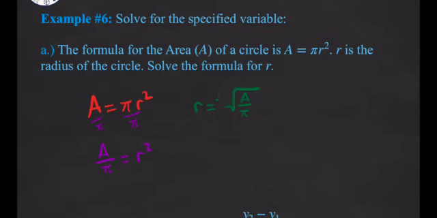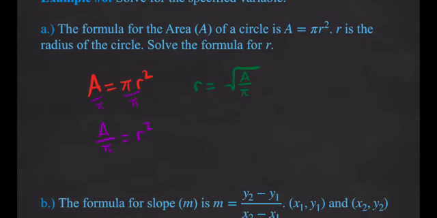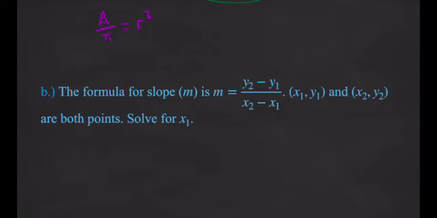It's just the positive version of it. But generally speaking, as we go through Algebra 2, as we do square roots, we are going to have to remember the plus or the minus. So that is the answer to this one. If we want to solve for R, isolate it. Get it alone. Here's another one, a more challenging problem.